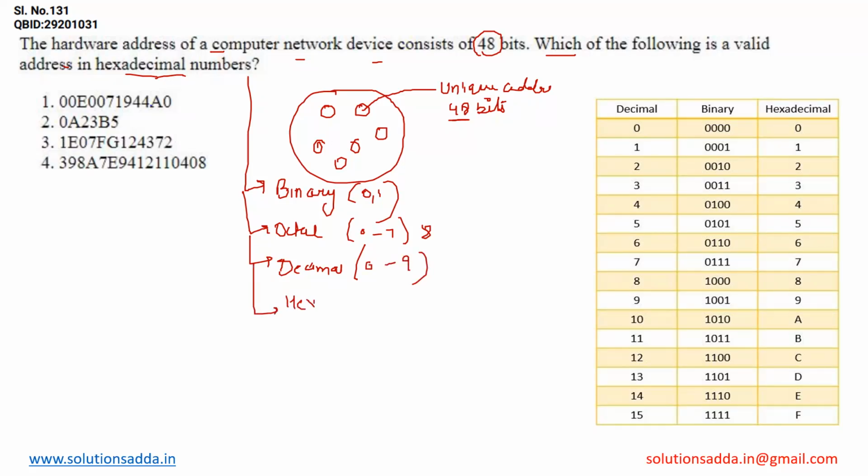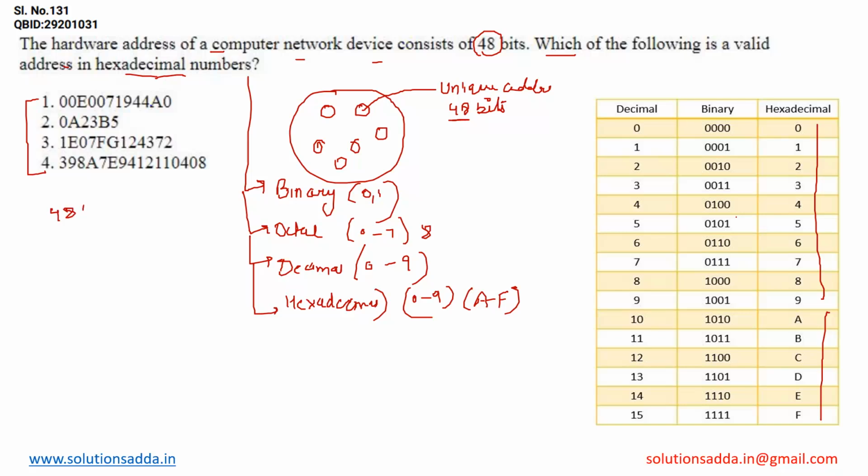Last we have the hexadecimal number system, in which we have the range from 0 to 9 and A to F. As you can see in the table, hexadecimal values start from 0 up to 9 and then A to F. So we can represent numbers with the help of these symbols as well. We can convert the hexadecimal number into the equivalent binary as well as the equivalent decimal values. Now let's come to the question part. We need to identify which representation is the correct one to represent a 48-bit network device address.